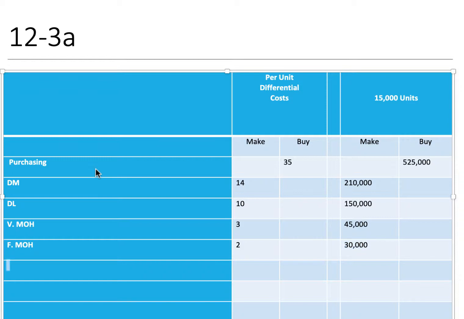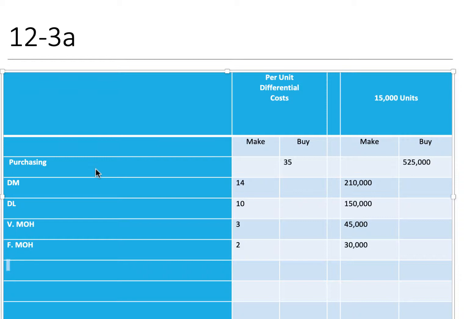The fixed manufacturing overhead which is allocated, that's $9. It doesn't matter if we make them or buy them. We still incur that fixed manufacturing overhead of $9 per unit or $135,000.